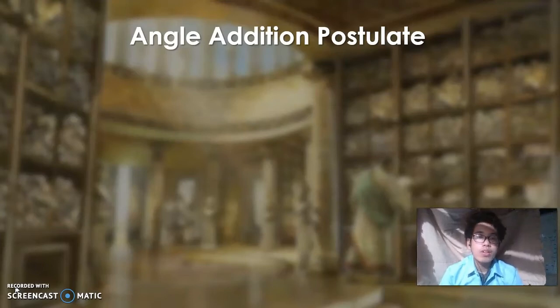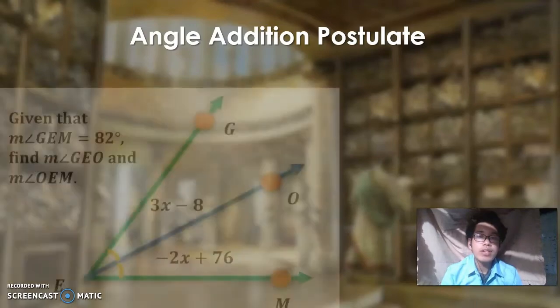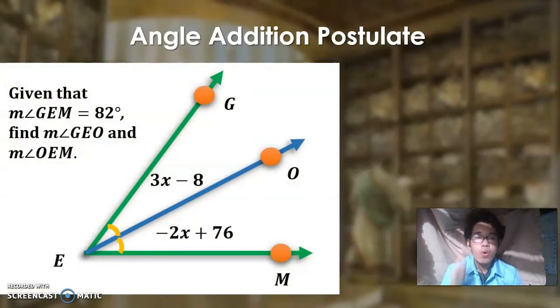Let's say we have this figure here. The angle addition postulate mainly says that if you're given this big angle, angle GEM, we can find the measurement of angle GEO and angle OEM if we add them together. That's just what it simply means.